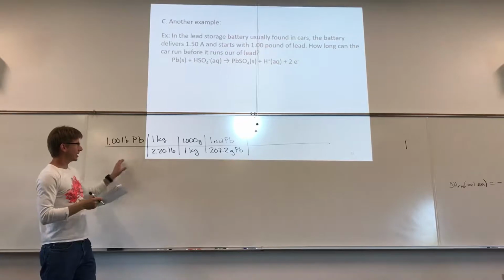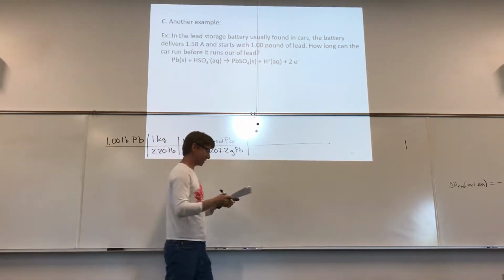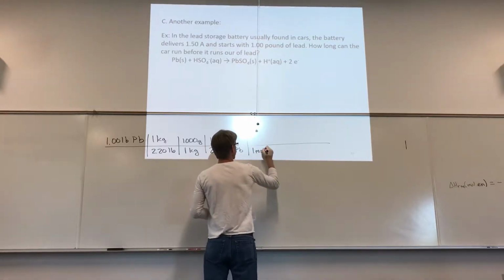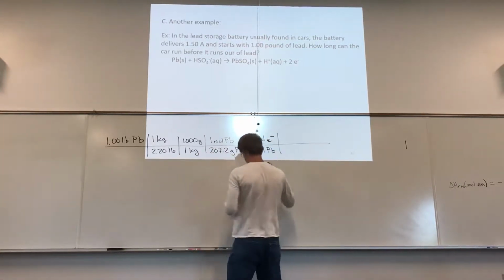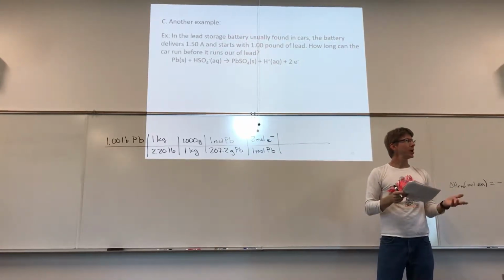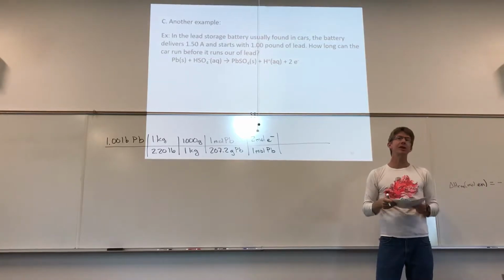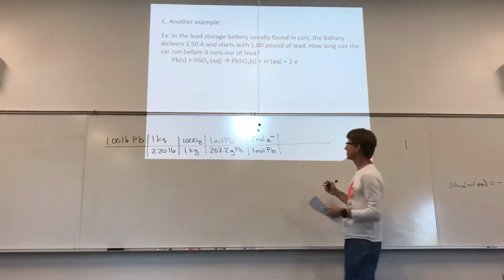Now we get, for every 1 mole of lead, there are 2 moles of electrons. And for every 1 mole of electrons, using Faraday's constant, there are 96,485 coulombs.